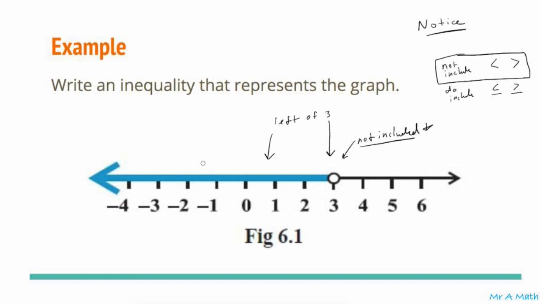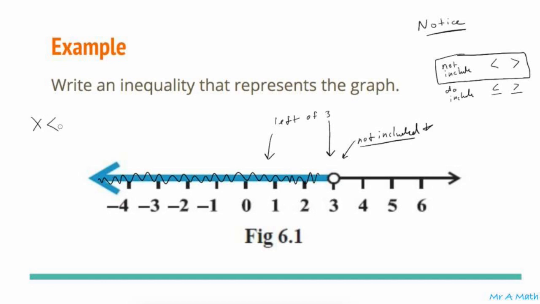So now let's ask ourselves, am I talking about numbers that are less than or greater than 3 here? Well, this shaded portion are all numbers that are in fact less than 3. 2 is less than 3, 1 is less than 3, 0 is less than 3. So I need to write an expression to signify all the numbers that are less than 3 but not including 3. And the way we write that is by saying x, that's referring to our system of numbers, x is less than 3.